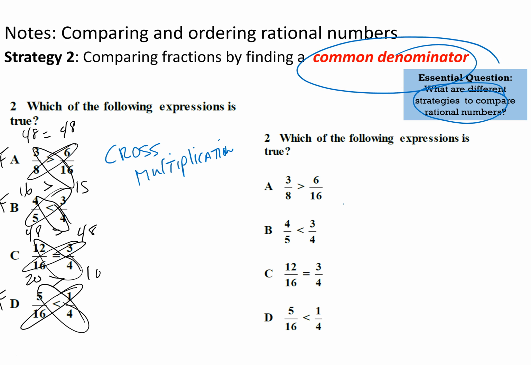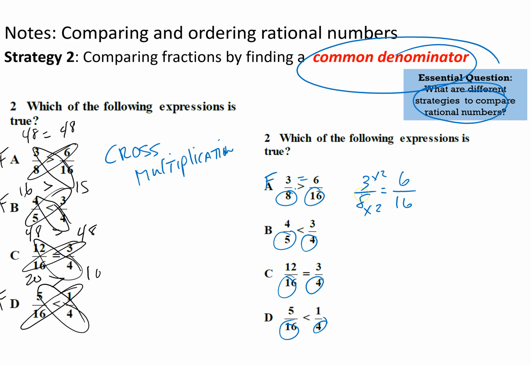Now, as I look at these, I say, okay, well, I have 8 and 16, 5 and 4, 16, 4, 16, 4. So I know that 8's a factor of 16, so I'm going to convert 3 8ths to 16ths. 8 times 2 is 16, 3 times 2 is 6. So really 3 eighths and 6 16ths are equal to each other. So that one's not true.